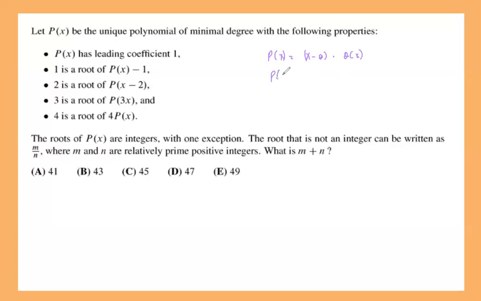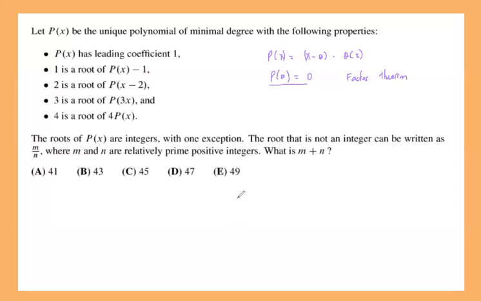So p of a is equal to a minus a, which is 0, and 0 times whatever is 0. So if x minus a is a divisor or a factor of p of x, p of a would be 0. This is called the factor theorem of polynomials. Why is this important? Because this is the only thing we need in this problem.